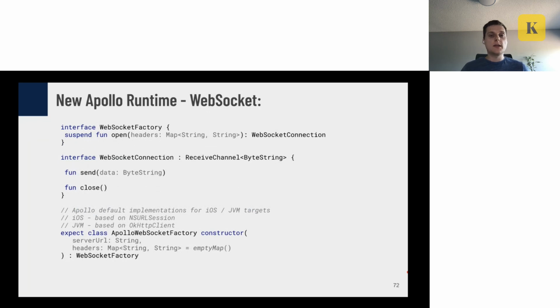For WebSocket, it's the same story. We have a WebSocket factory that opens the WebSocket connection, and through that connection you can send data and receive messages via a channel. Again, on iOS it's based on NSURLSession, and on JVM it uses the OkHttp client.